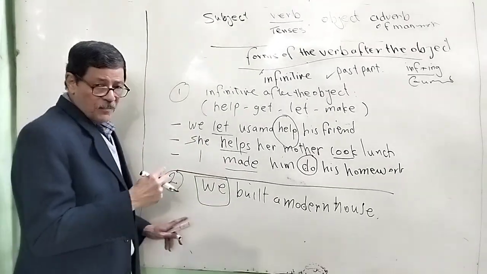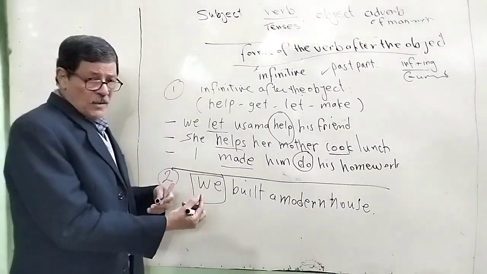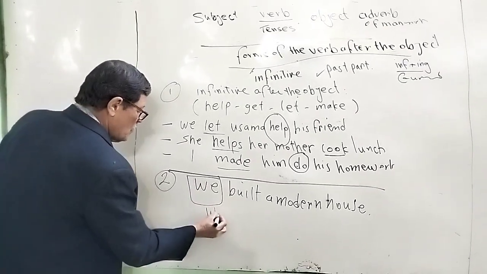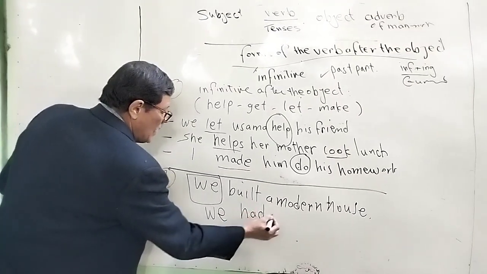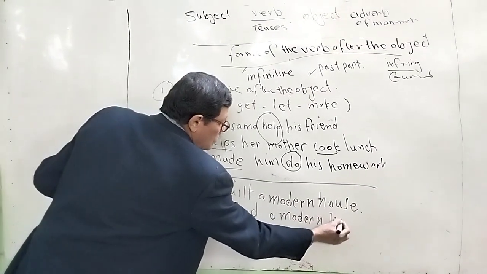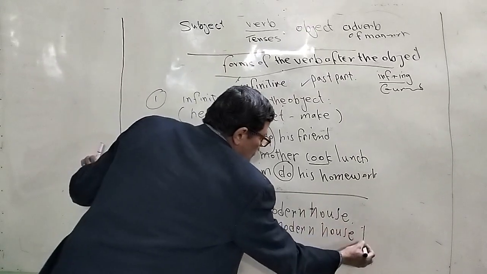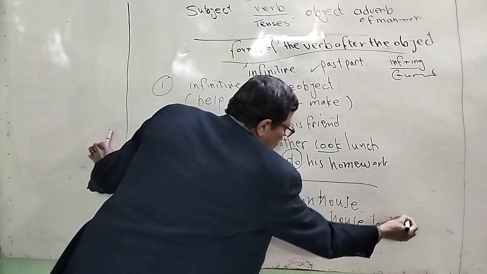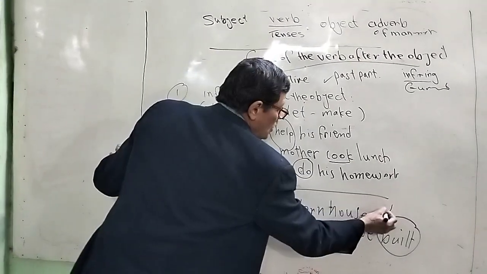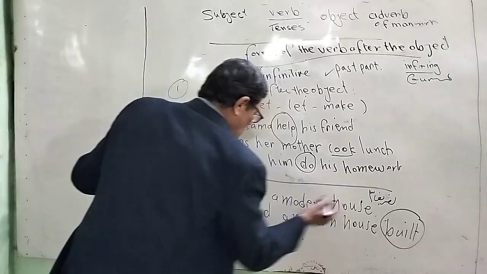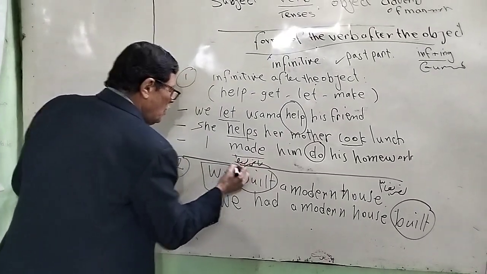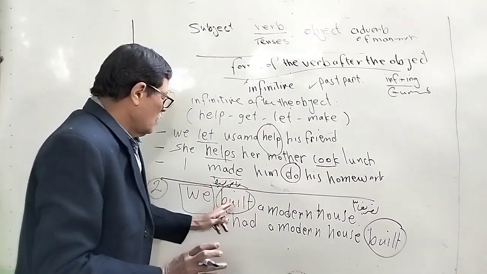So in the passive voice we can say we had a modern house built. Built is the past participle, the third form.